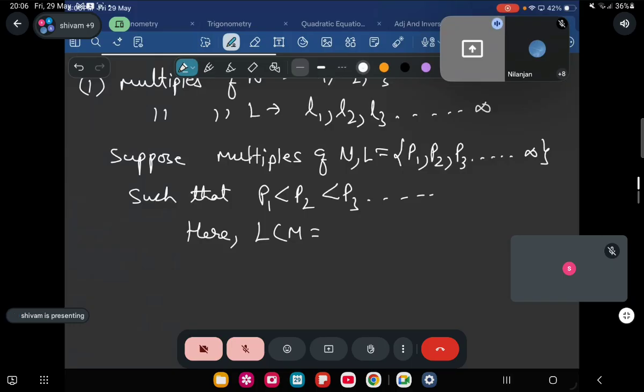We are talking about the least common multiple, so LCM will be equal to P1.